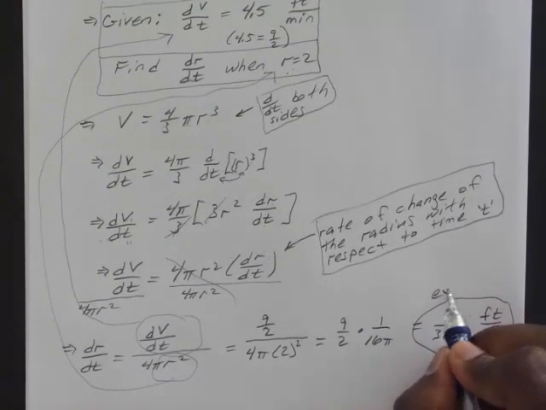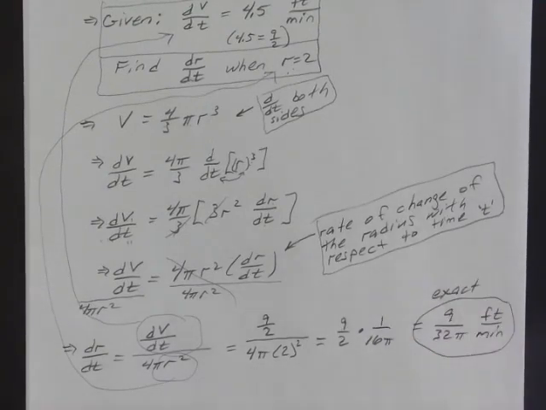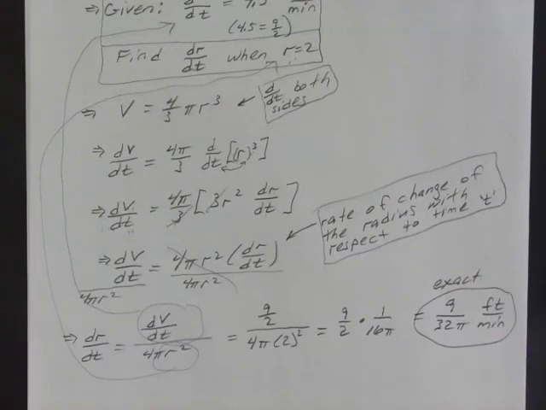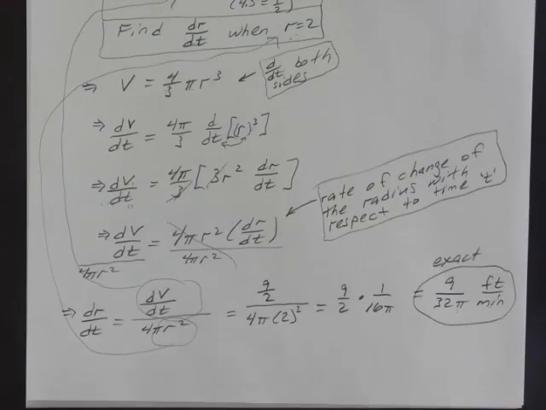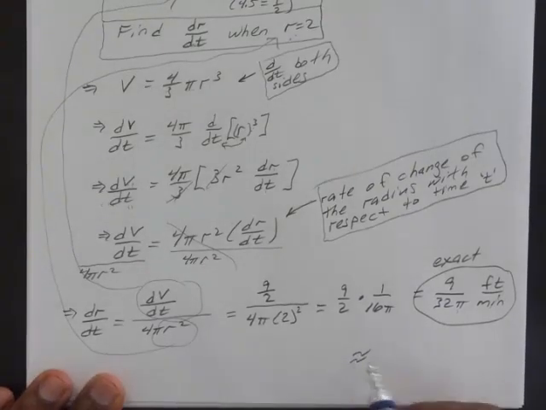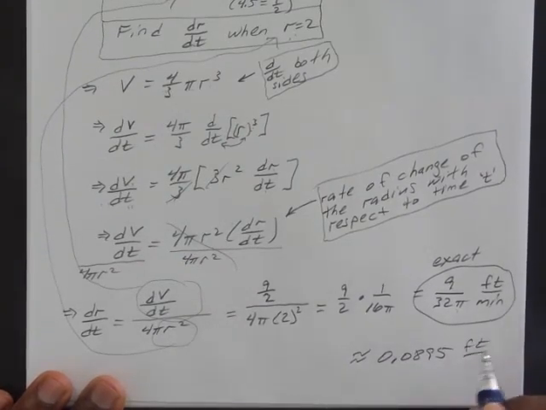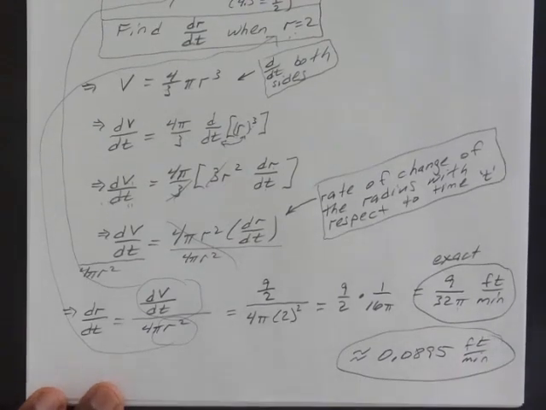This is your exact. When they say exact, they just mean no decimals, leave pi as pi. But if you plug that into your calculator, you'll get approximately 0.0895 feet per minute. And that's just your decimal approximation.